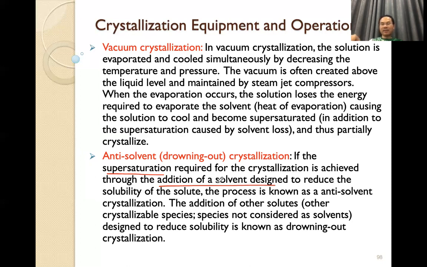This solvent should be one in which the solute is hard to dissolve, but which dissolves easily in our own solvent. That means if you add this solvent, the solubility of the solute is reduced. This makes the supersaturation.